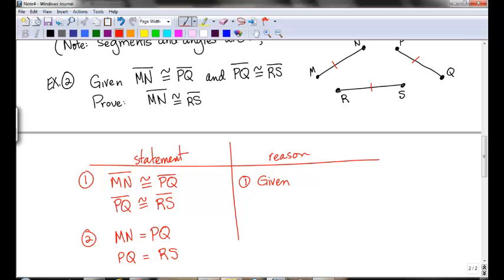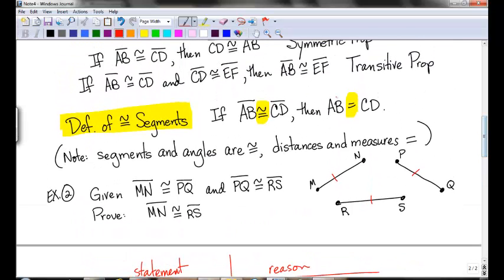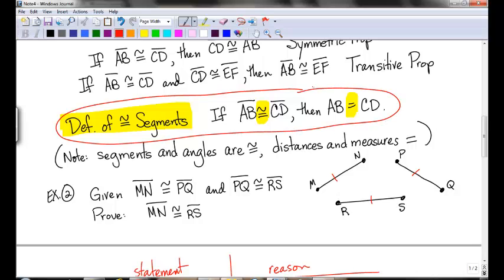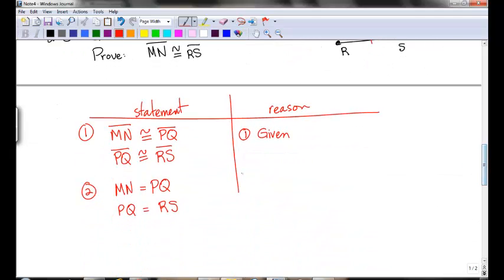What property goes from here to here? We went from the segments being congruent to their measures equal. Okay? Definition of congruent segments.